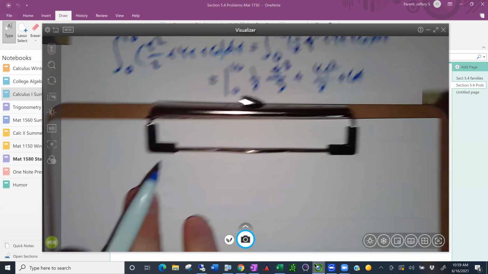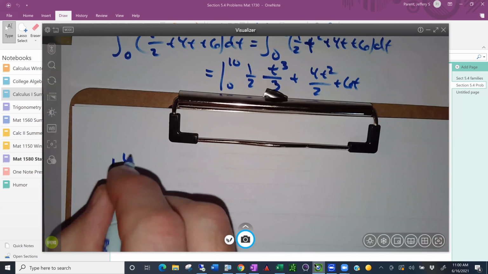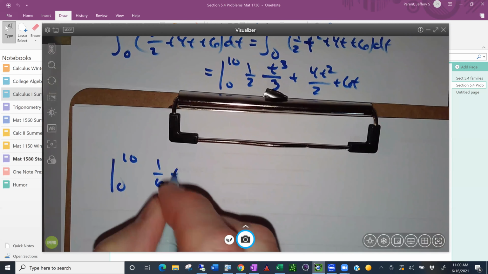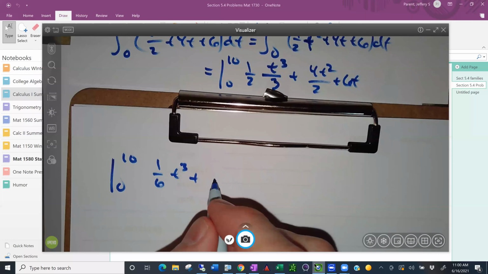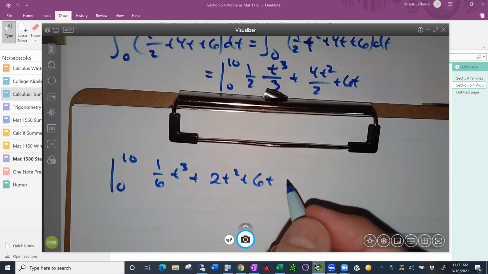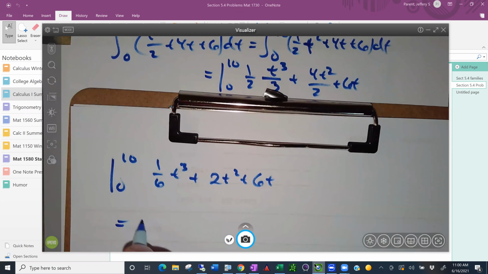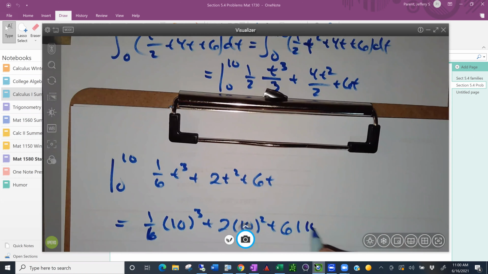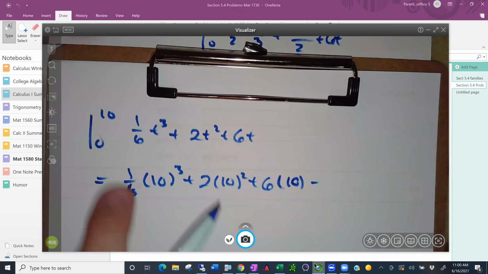So cleaning that up, 0 to 10 of 1/6 t cubed plus 2t squared plus 6t: 1/6 times 10 cubed plus 2 times 10 squared plus 6 times 10, minus what happens at 0.